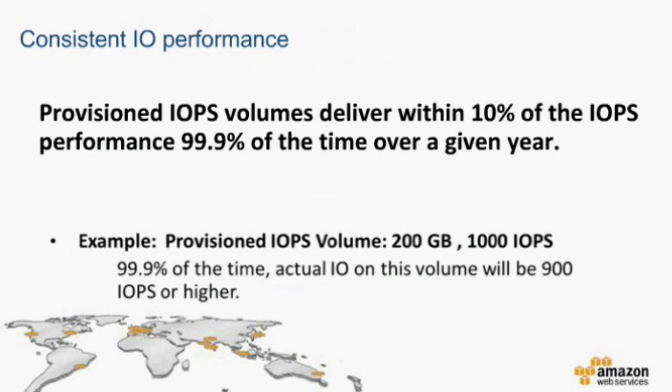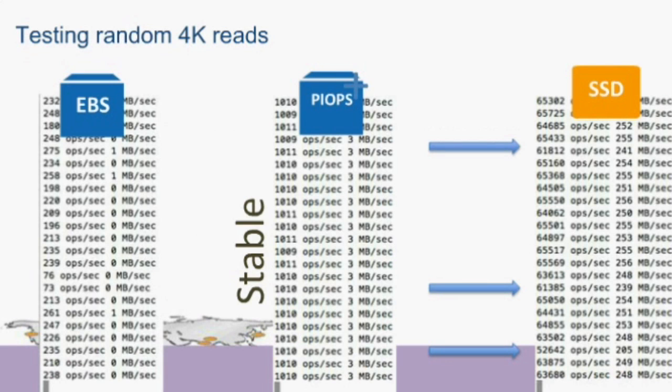So if you go forward to looking at what this looks like compared to other storage options, on the left-hand side, we're doing a burst of 4K random reads against a standard EBS volume. On the right-hand side, we're doing that same workload against the physical ephemeral solid-state storage in our EC2 High-1 4XL instances.